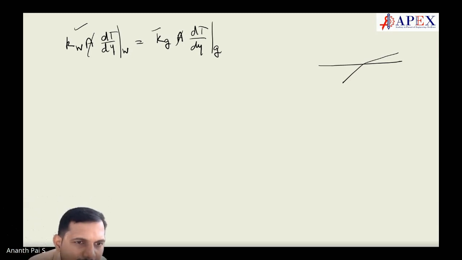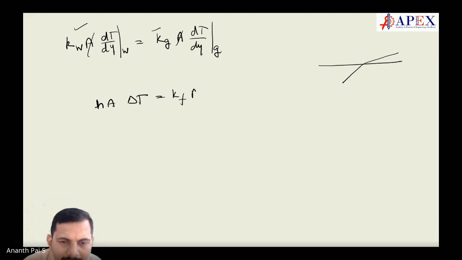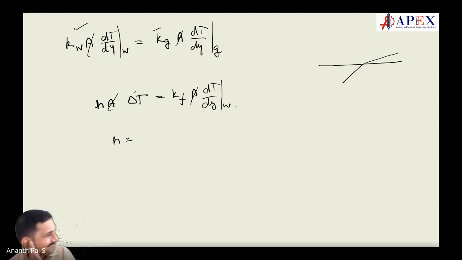The second option is h into A into delta T is equal to kf into A into dT by dy in the water. The area cancels, you know delta T, and you find h.